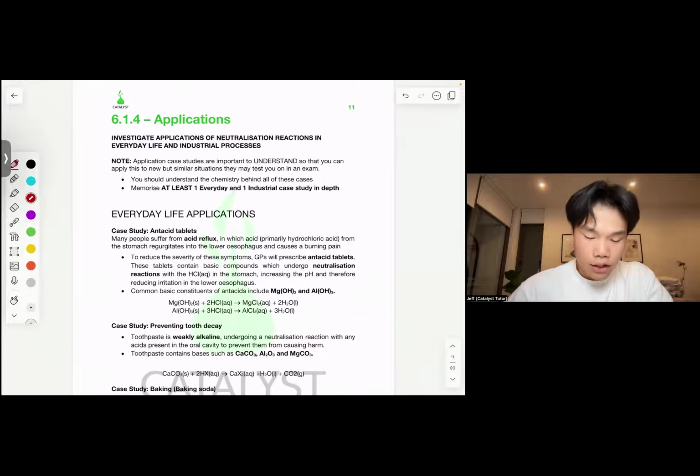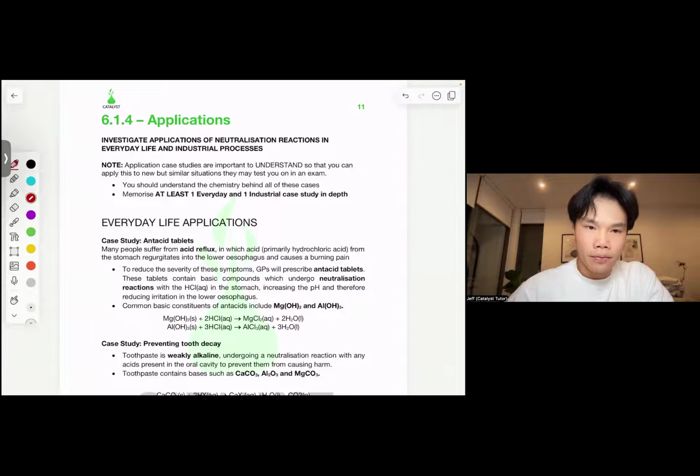Okay, applications of acid and base. You have everyday applications and you have industrial applications. You need to know both. So you need to know at least one everyday and one industrial application for an acid and a base. For everyday applications, for the most part, they're mostly acid.